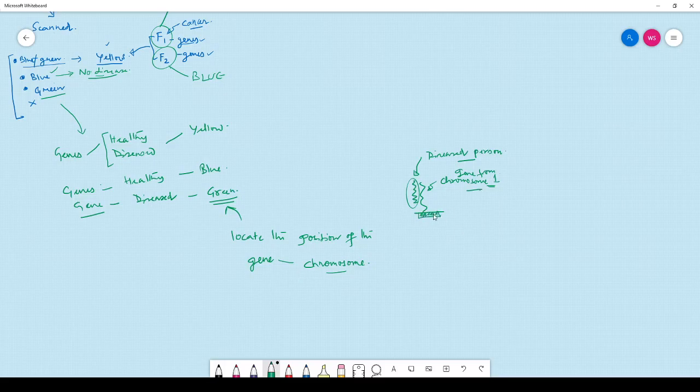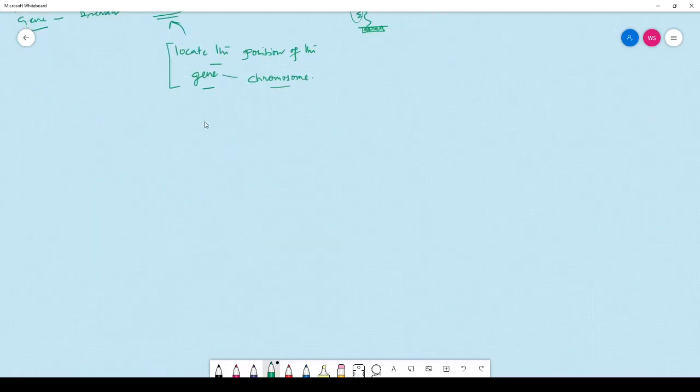So this gene from the diseased person is located at chromosome 1 because it has hybridized to a known location in the microarray. Initially when we took the messenger RNA from the diseased person, it contains messenger RNA for all the genes that are expressed. But when we did the microarray experiment, we found out the specific gene in the diseased person, and we have identified it using the microarray. So now we have got the position of the gene in the chromosome.